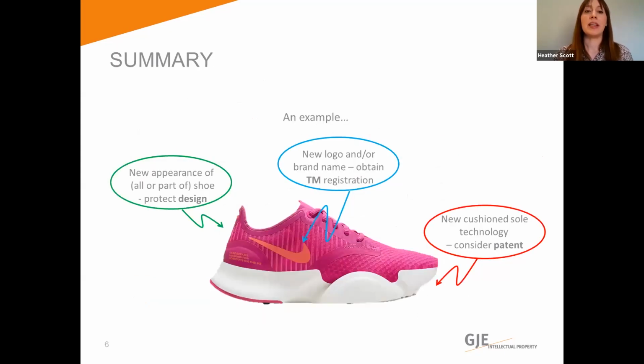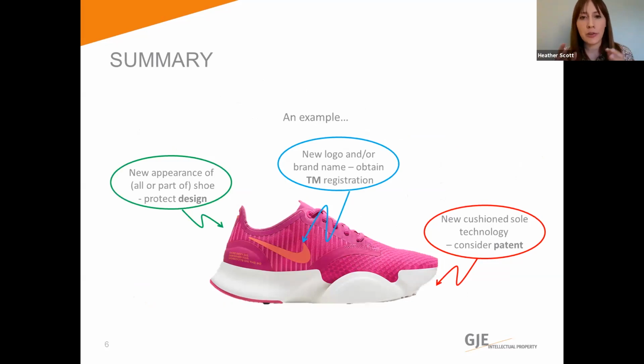So in summary, even if you have just one product, there may be many different types of intellectual property which exist in the product. Here I've got an example of a running shoe by the well-known company Nike. Just to illustrate the point, they can protect the appearance of the shoe or parts of it using designs.